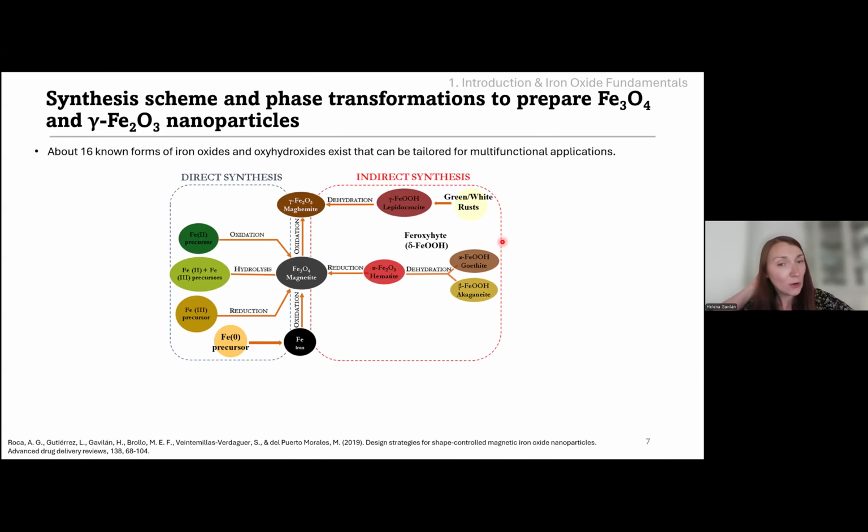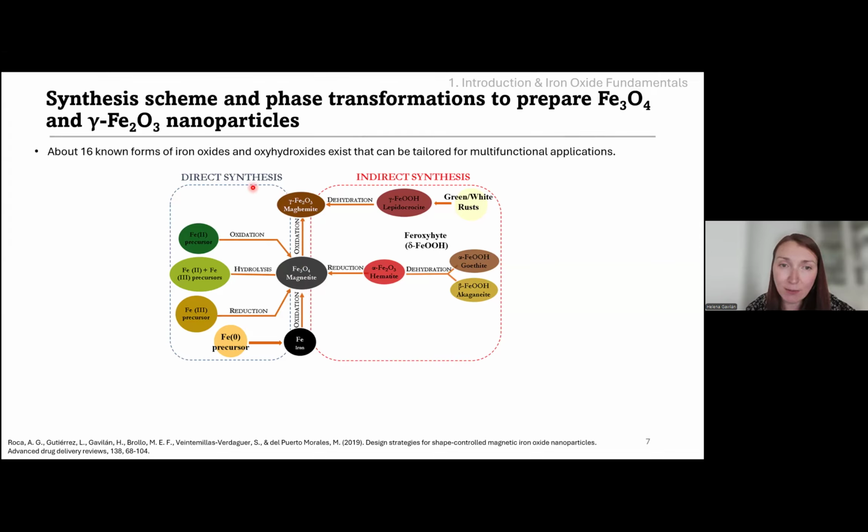Now let's move on and concentrate on these two phases in which we are interested, maghemite and magnetite. We have about 16 known forms of iron oxides and oxyhydroxides that can exist, and they are used in diverse applications, but we focus on these for magnetic hyperthermia and MPI.